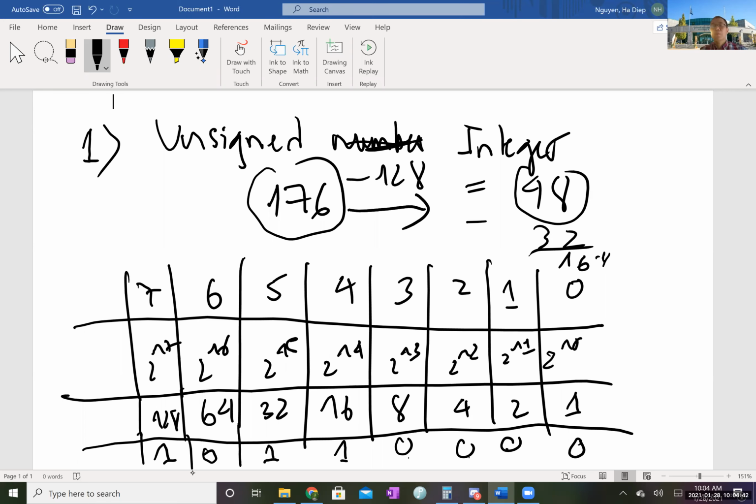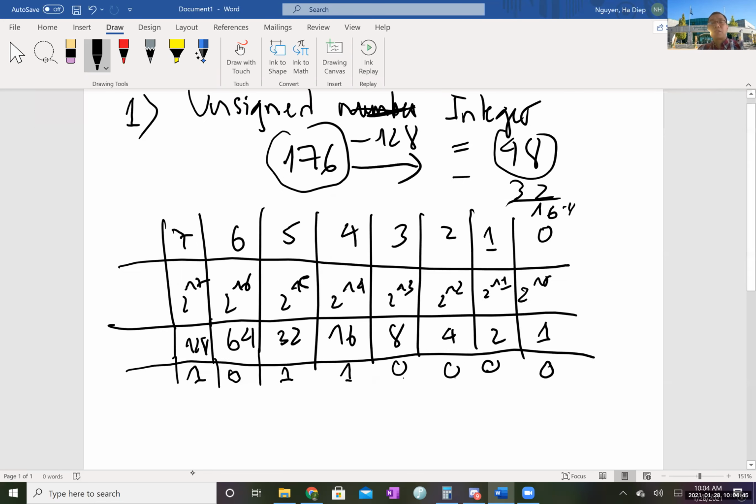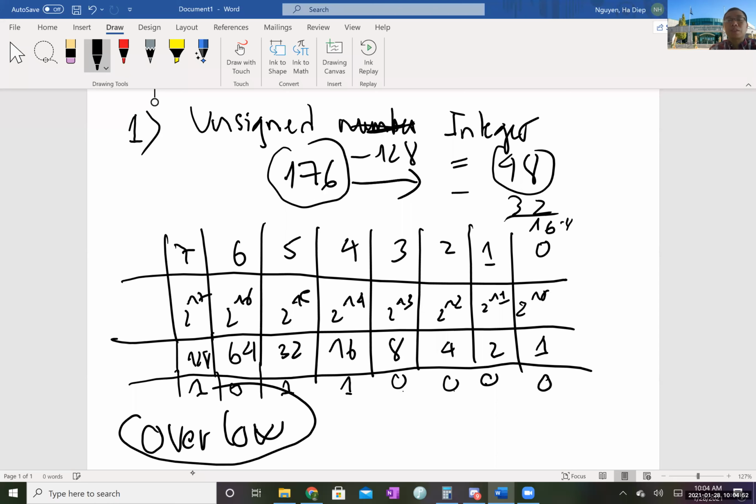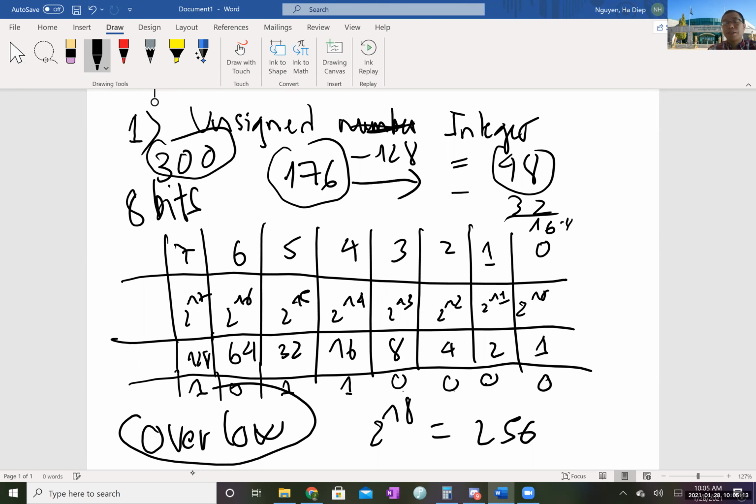Okay. And one thing about the definition, you also know about overflow here, right? Overflow. What do you think if you want to convert the number 300 to 8 bits? You are not able to store the number 300 into 8 bits, because if you have 8 bits, you have 2 raised to 8, which is 256 values. So the range is from 0 to 255 only.